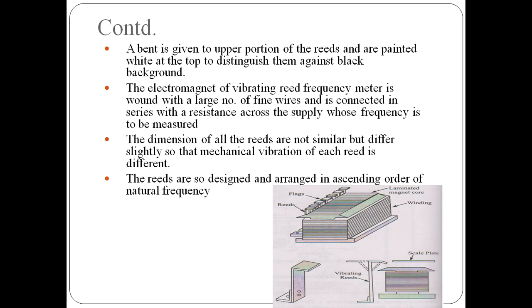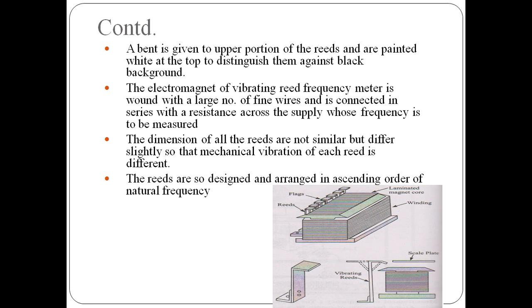A bend is given to the upper portion of the reeds, and they are painted white at the top to distinguish them against a black background. The electromagnet of the vibrating reed frequency meter is wound with a large number of turns of fine wire and is connected in series with a resistance across the supply whose frequency is to be measured.